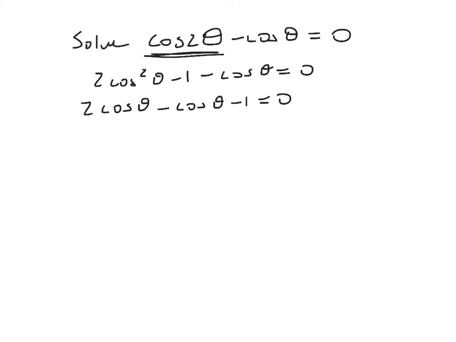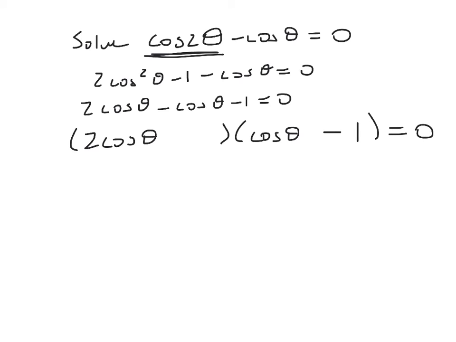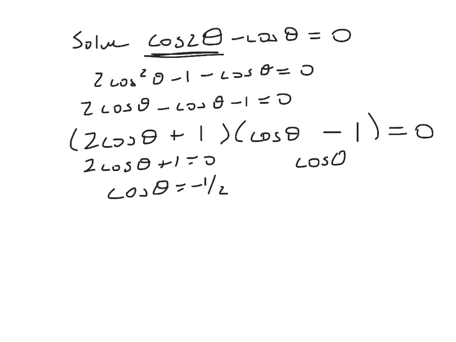I can now factor that. 2 cosine theta plus 1 times cosine theta minus 1 equals 0, where I would need a minus 1 here and a plus 1 here to make that work. And then I can set both of those equal to 0 and solve. So 2 cosine theta plus 1 equals 0 is going to give me cosine of theta equals negative 1/2. Here, cosine theta minus 1 equals 0 is going to give me cosine of theta equals 1.